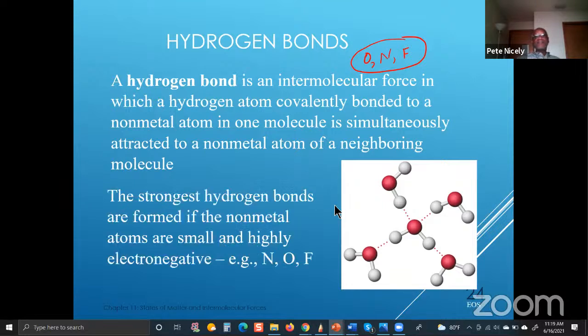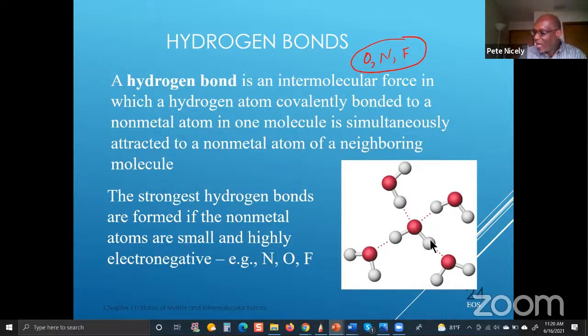In the case of hydrogen bonding, we're going to use water as an example. What is happening? I'm going to focus on this water molecule right here. You have this oxygen bonded to this hydrogen. Now remember, the hydrogen has only one electron, which it shares with the oxygen.